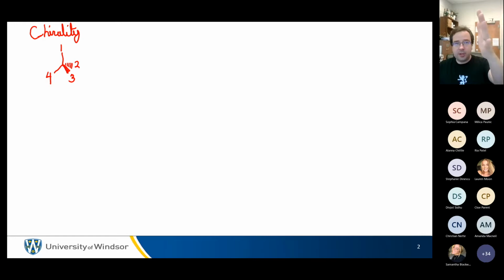My hand kind of has 4 bits. You can look at your hands too. You got a little finger, you got a thumb, you got a palm, you got a back of your hand. So you got 4 things. Anytime you have 4 things arranged in 3-dimensional space, there are 2 ways you can arrange them. It's just the way it is.